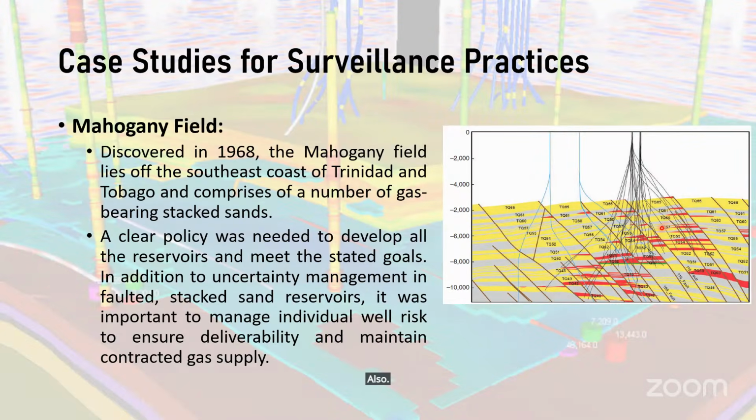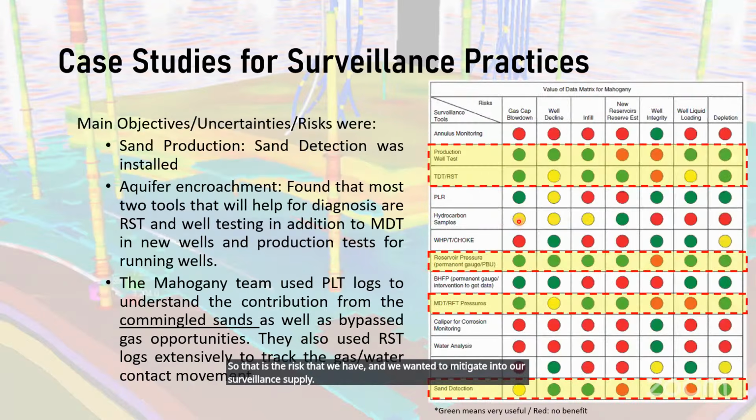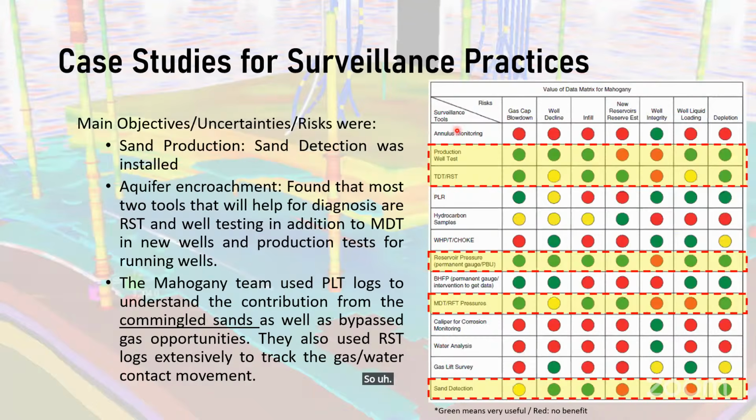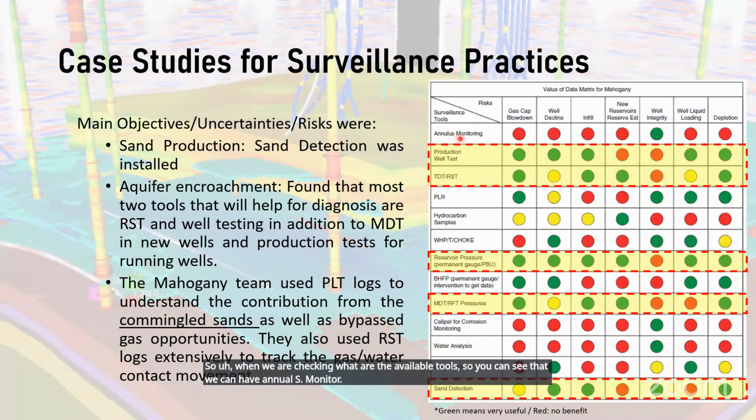Also, we have some water production, increasing water production. Okay, so that is the risk that we want to mitigate in our surveillance plan. When we check what the available tools are, you can see that we can have annulus monitoring, the pressure of the annulus.